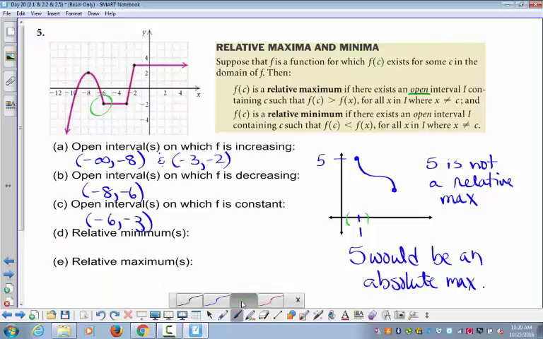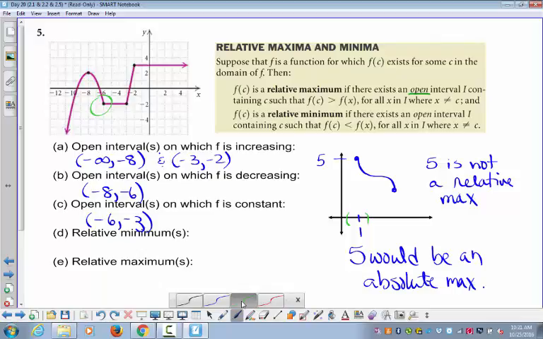So you've always talked about slopes of lines. And when we talk about slopes of curves, the slope of a curve is simply the slope of the line that's tangent to the curve at that point. So when we have a relative max or relative min, the slope of that tangent line is 0. So that's how you will be able to identify relative maxes and relative mins pretty easily.